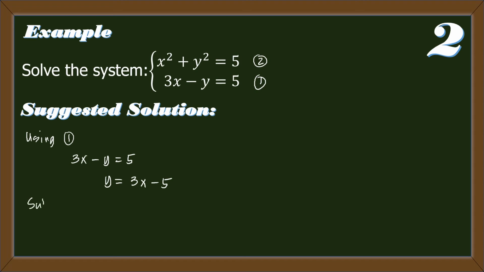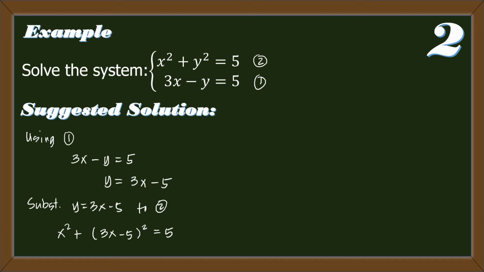Then we're going to substitute y is equal to 3x minus 5 into equation 2. So we will have x squared plus the quantity 3x minus 5, close quantity, squared equals 5. So we have a quadratic equation again in terms of x. Let us rewrite it into its standard form.